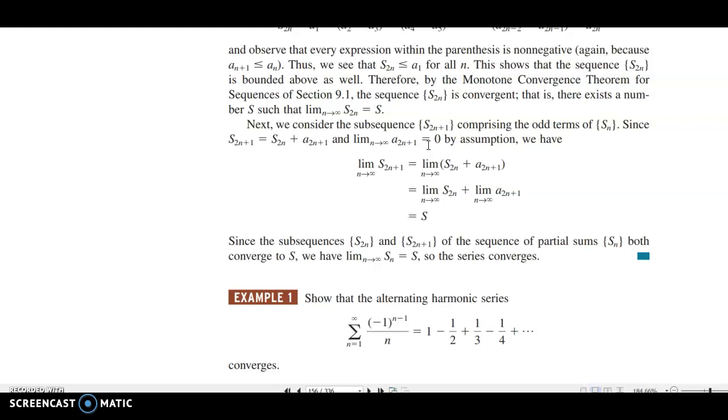We consider the sequence S_(2n+1) comprising the odd terms.